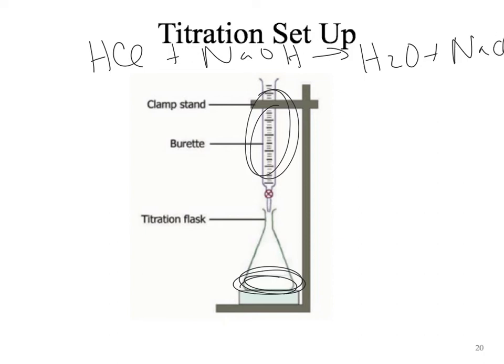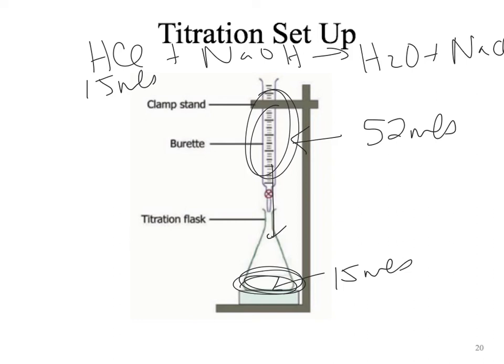And what we said is there's 15 mils of acid in here. To neutralize, we're going to add that base, and we're told that it's going to take 52 mils of that base. We're also told up there that we have a 0.34 molar solution, if you read the problem carefully. So this is for sodium hydroxide.